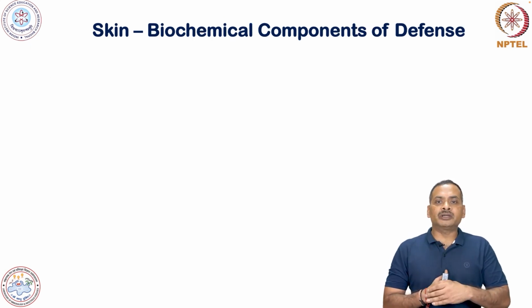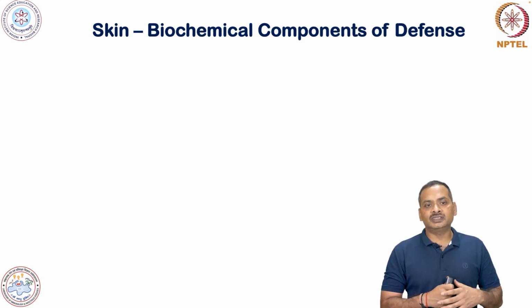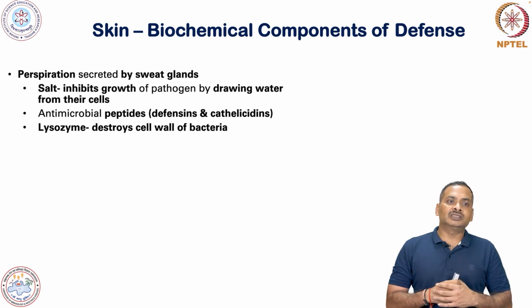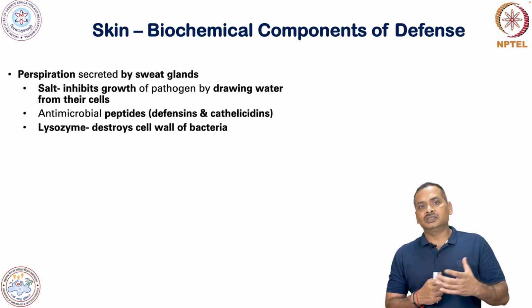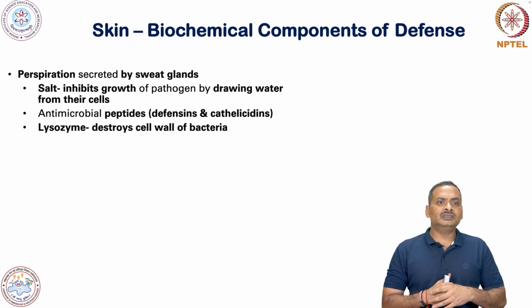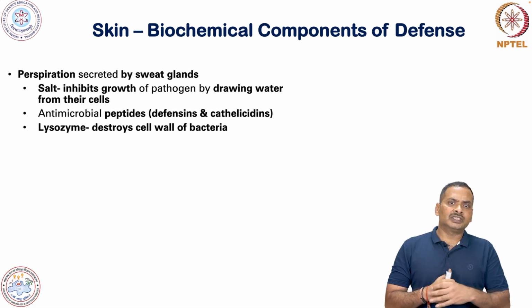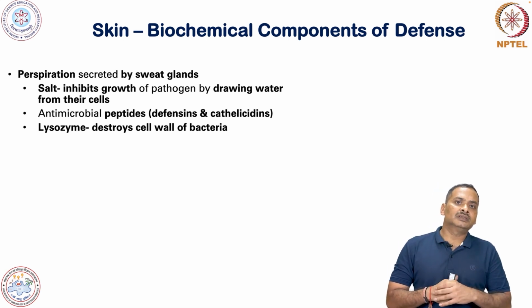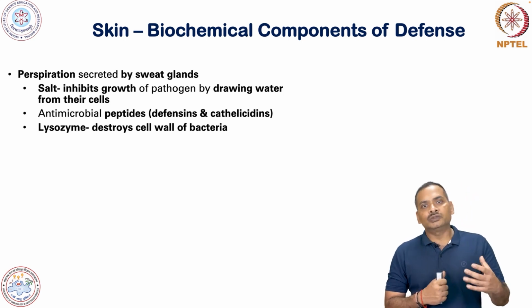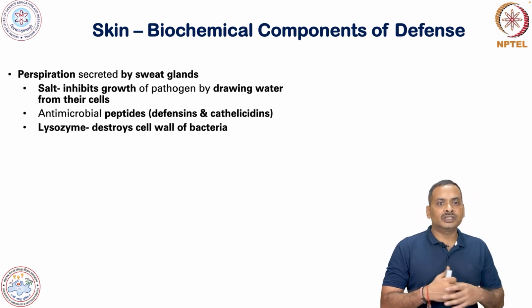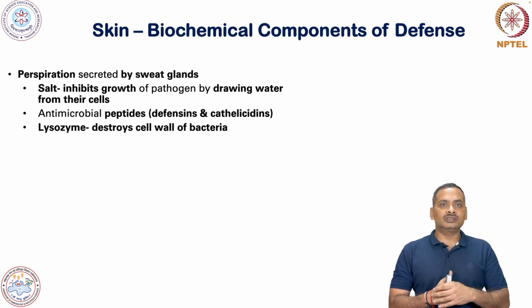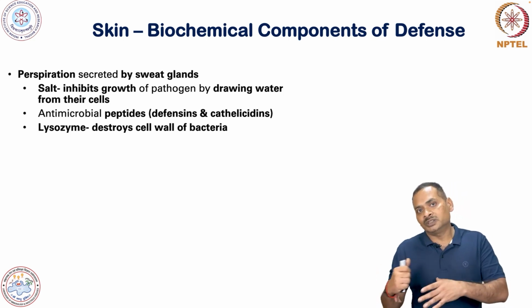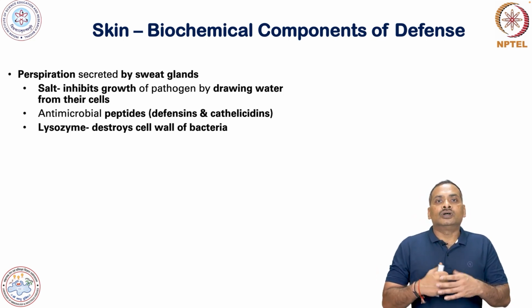There is a biochemical component of defense in skin, and basically it is mediated by perspiration, secreted by sweat glands. We have glands that produce some salt which will inhibit the growth of microbes by drawing water. You know that concept of osmosis.